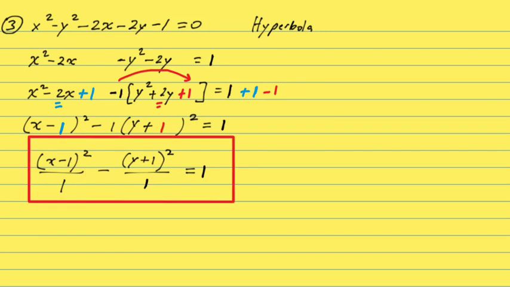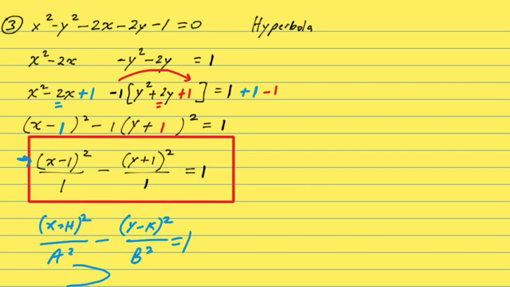Again, I'm just putting it into the standard form. What was the standard form? Well, there's a couple of them, but one of them was x minus h quantity squared over a squared minus y minus k squared over b squared equals 1. If the x is first and is positive like this one is, that means it opens along the x-axis, left and right.